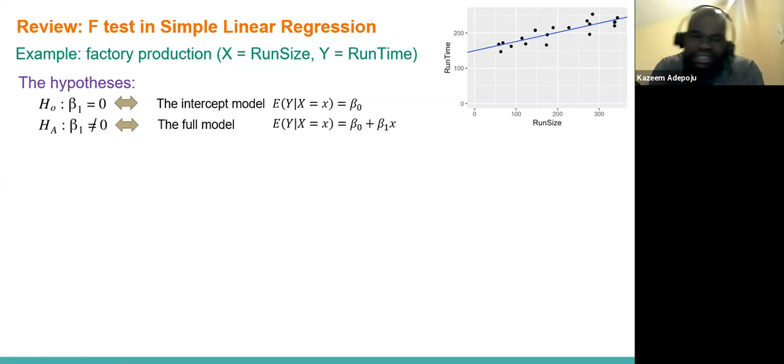In any statistical investigation, we are in a world where we want to decide between this and that. We want to see if the intercept model can solve my problem. Why do I need to go for the full model? And if a full model is needed, there's no problem.